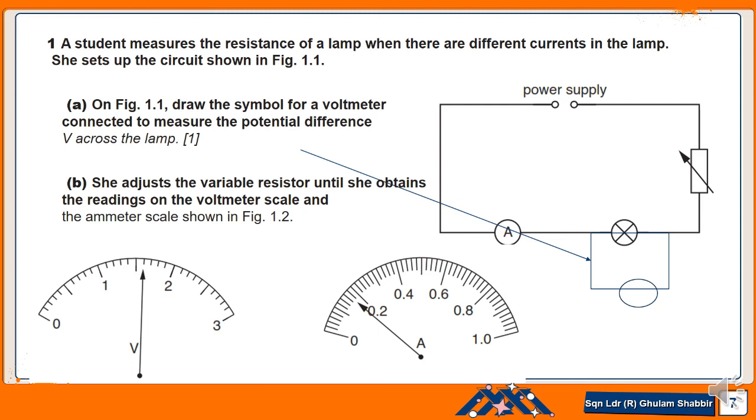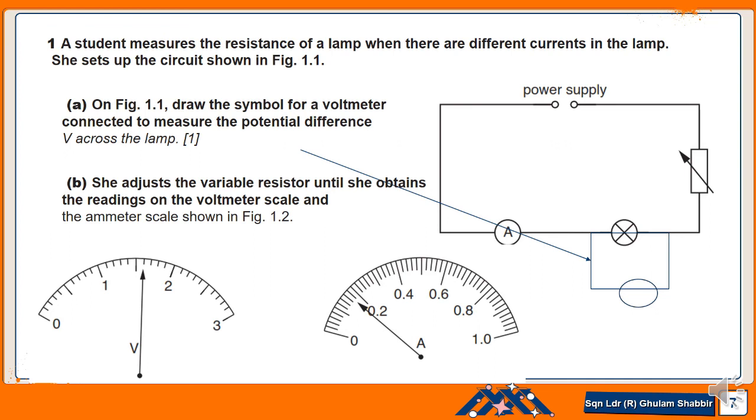You can see that the voltmeter is showing 1.6 volt, and the ammeter is showing 0.85.